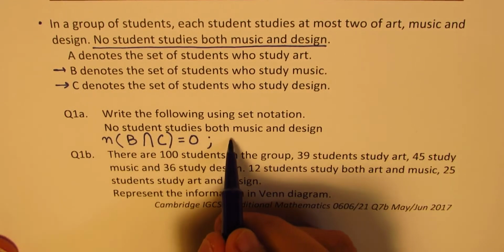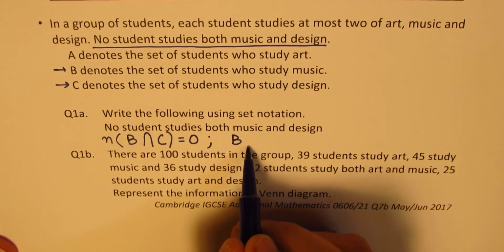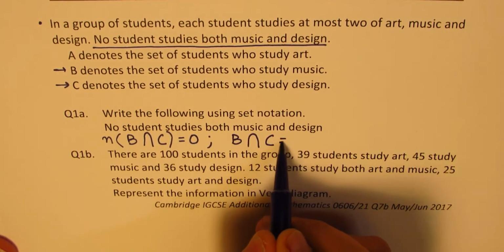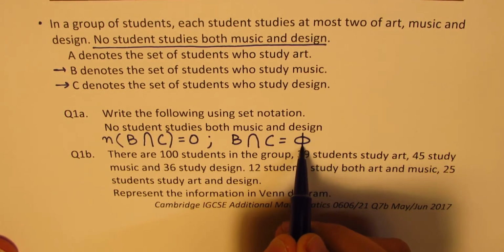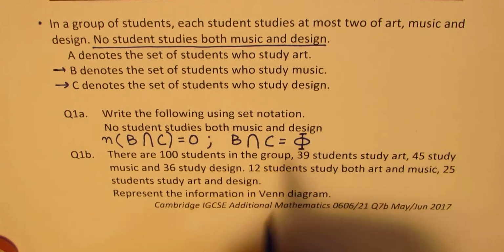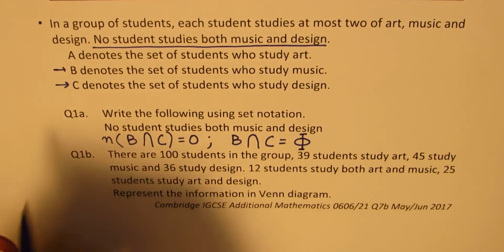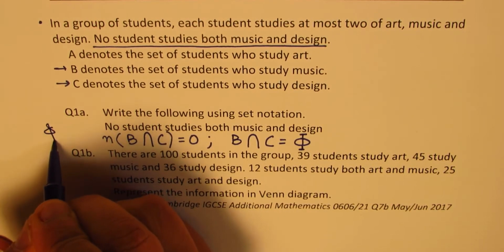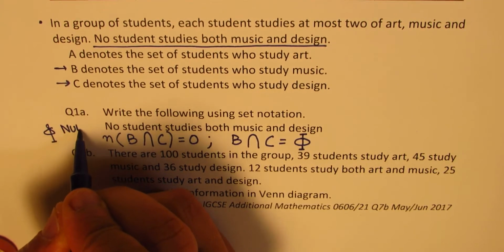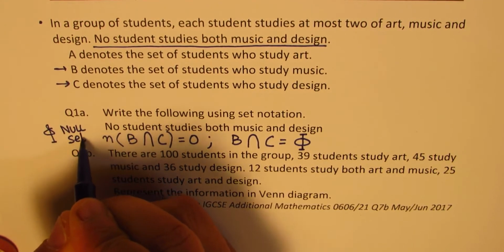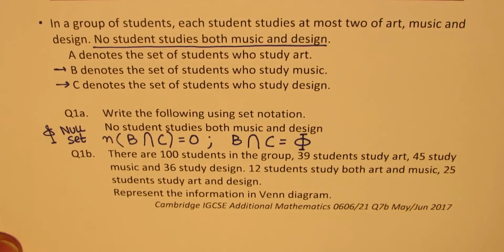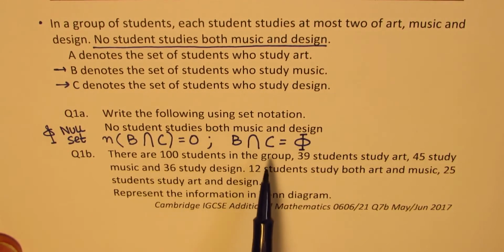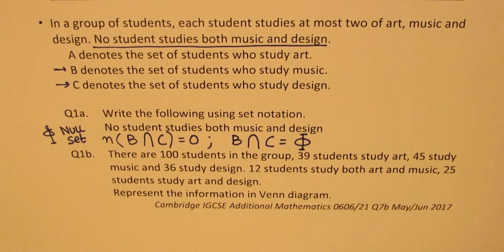In that case, you will say B intersection C is a null set. That is another way of writing it. So what we wrote here for phi is a null set. Both are correct statements for writing this answer. So that is how you will be answering.